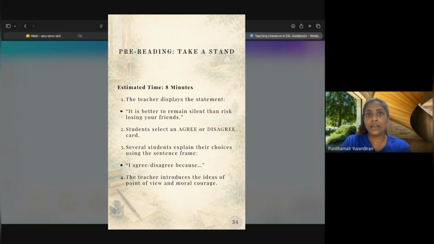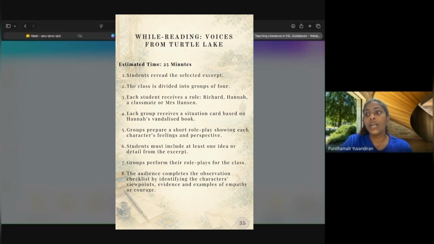During pre-writing, students respond to the statement, it is better to remain silent than risk losing your friends. Then they select an agree or disagree card and explain their opinion using a simple sentence frame. During while reading, students work in groups of four and take the roles of Richard, Hannah, a classmate, and Mrs. Harsons.